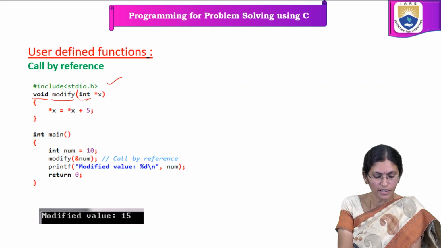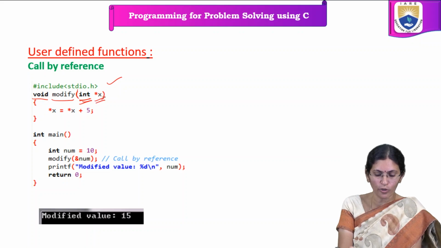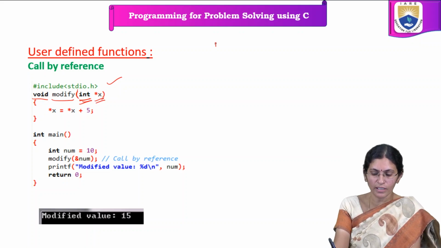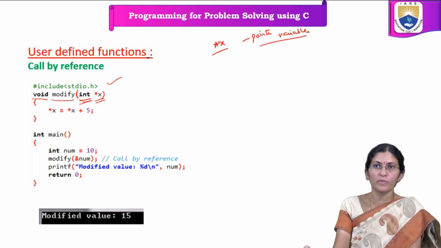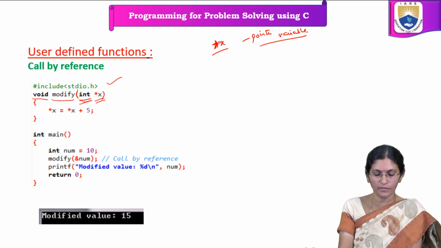Here you can see that we have defined a variable of data type integer and this is a pointer variable. When you declare a variable in this way, *x, this is a pointer variable which stores an address. A normal variable stores the value, whereas a pointer variable stores the address of another variable.